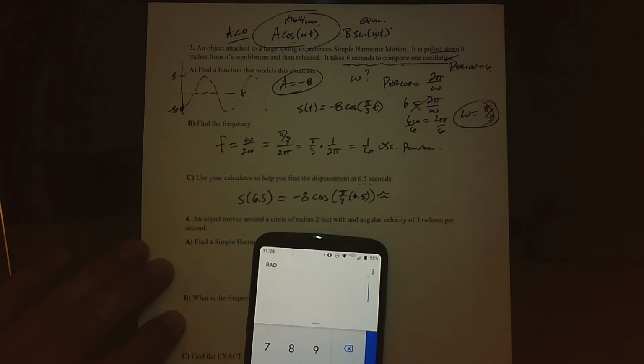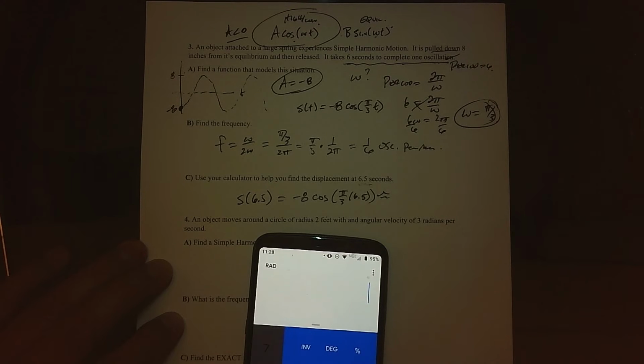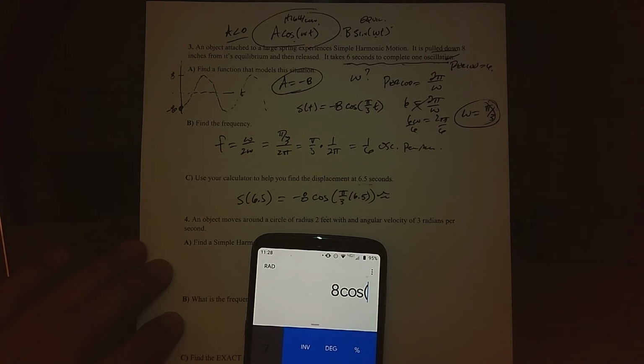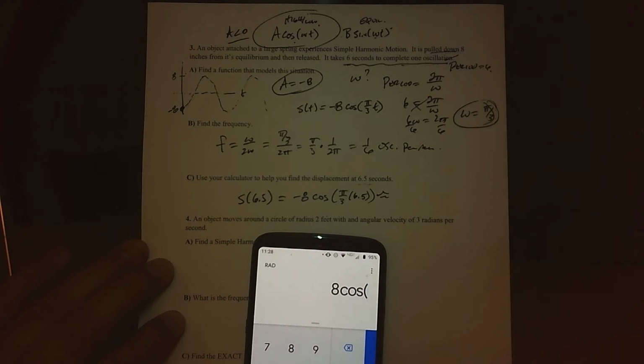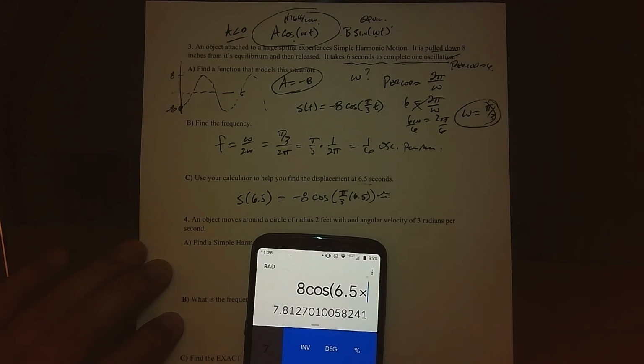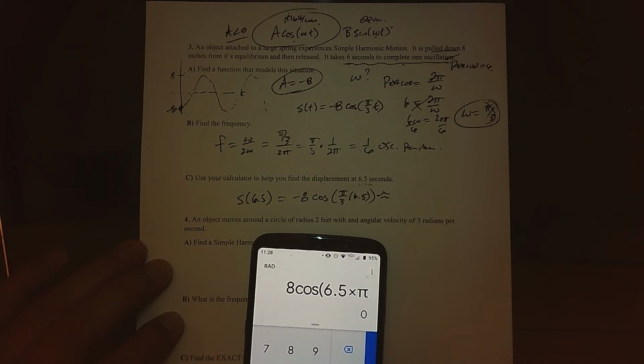I don't know where to change the sign, so I'm going to just put an 8. We know that we have a negative out in front there. And then I have the cosine, and how about I write it this way? I've got 6.5 times my pi, and then we're actually going to divide that by 3.